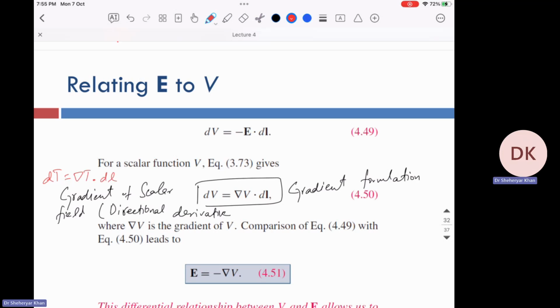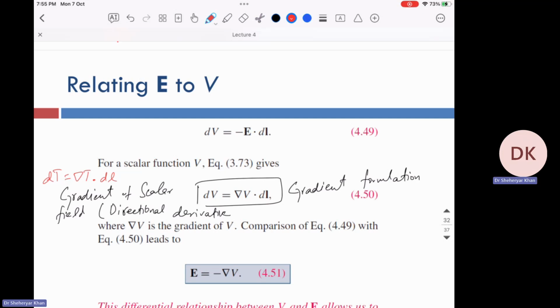Okay, now if this is true, and dV is equal to minus E dot dl, then if you compare these two, that means E is equal to minus the gradient of V. This is again very interesting.